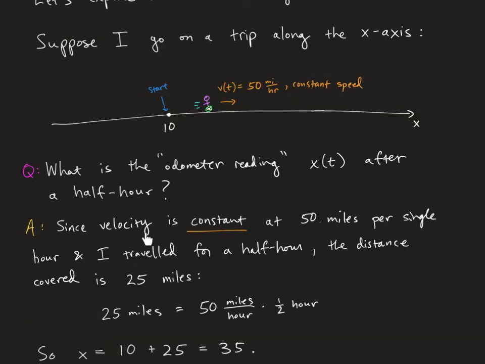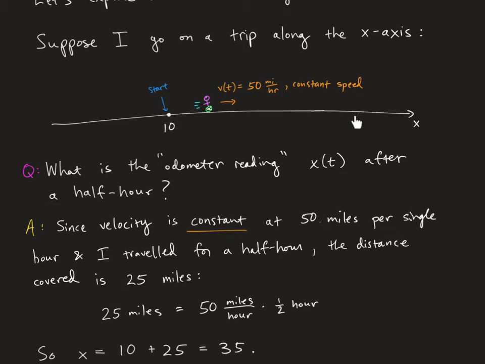Well, since the velocity is constant, we're moving at 50 miles per hour, what that means is I'm moving 50 miles every 1 hour, right? But I'm only traveling for a half of an hour. So obviously the answer is that I covered a distance of 25 miles here. And that means starting at the 10-mile mark, I would have gone 10 plus 25 or 35, right?